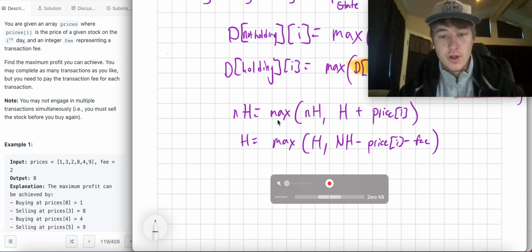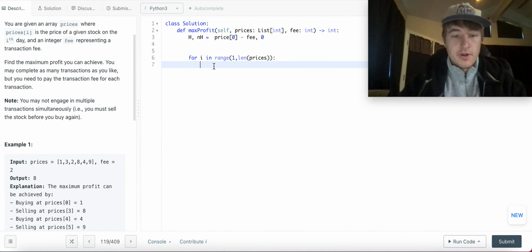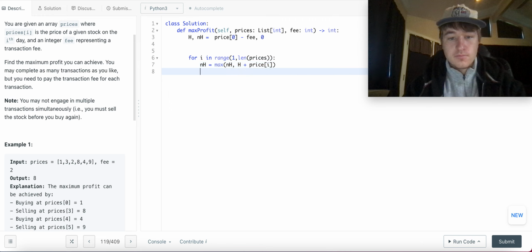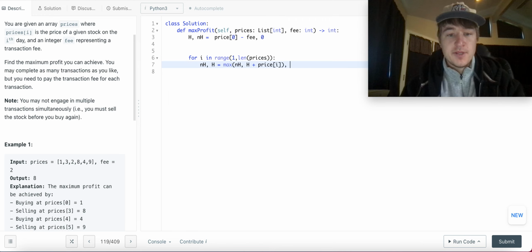So not holding equals max of not holding, holding plus price of i. Okay. So don't forget that. Not holding equals max of not holding, holding plus price of i. Now we have to do this on the same line since we're using both variables, so this will update both simultaneously. Holding equals max of holding, not holding minus price of i, minus fee.